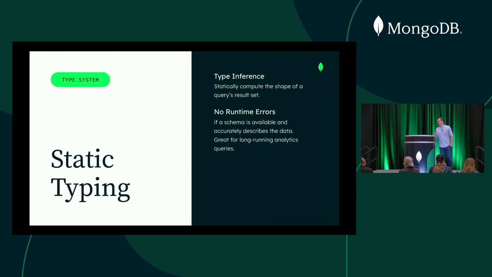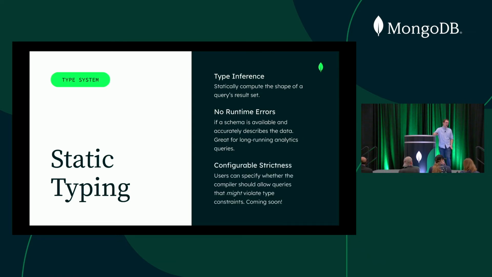Nobody wants to come back after an overnight query or a long weekend and discover that their batch job actually failed 20 minutes in because of a typo or some unexpected polymorphism in their data. Static typing is what makes this guarantee possible because it allows us to error ahead of time if there's any possibility that a query might fail, instead of erroring when we actually run into the problematic data.